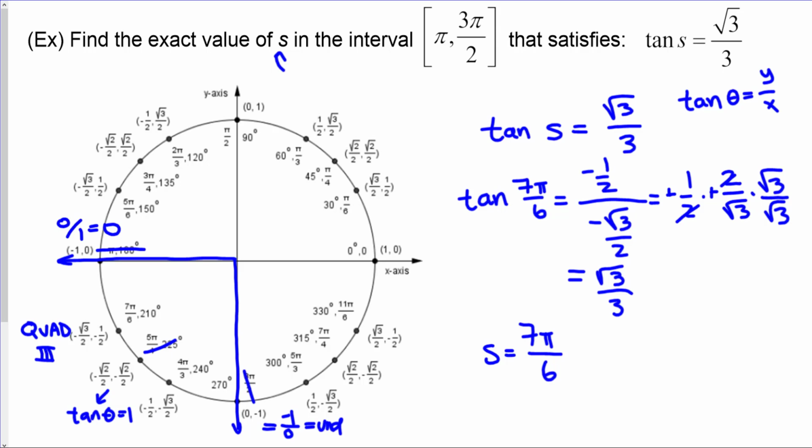And if I had used 4 pi over 3, I would have ended up with just square root of 3 as my answer, and I would have known that wouldn't have been the correct value. So I'm just using the unit circle to find out what I need. It's certainly much more convenient for sine and cosine, but it can be done for tangent and the rest of the trig functions as well.